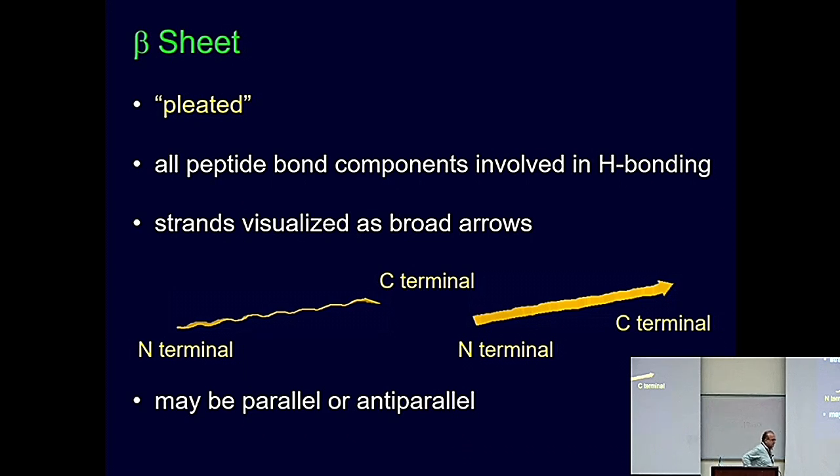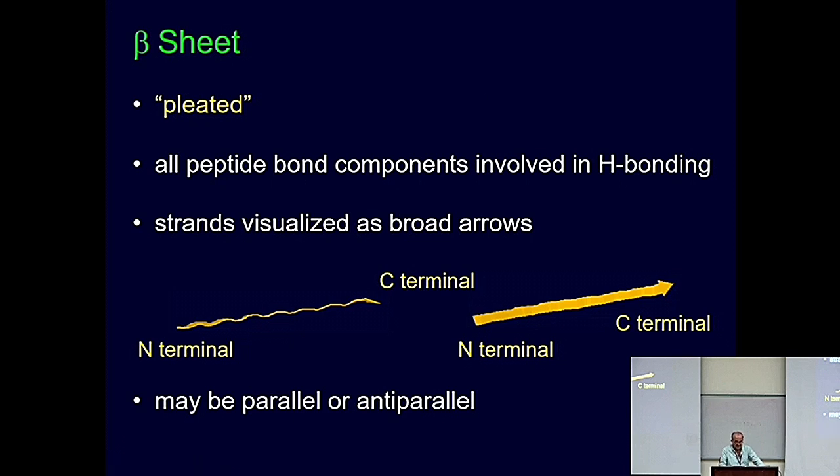The second type of secondary structure. Again, remember, this is about the three-dimensional spatial configuration of the polypeptide in space. So the second type of secondary structure for proteins is called beta pleated sheet or beta sheet.